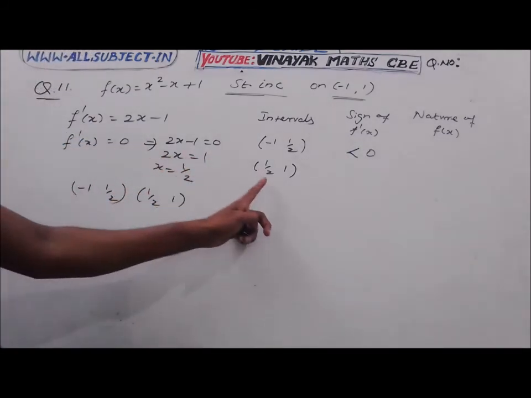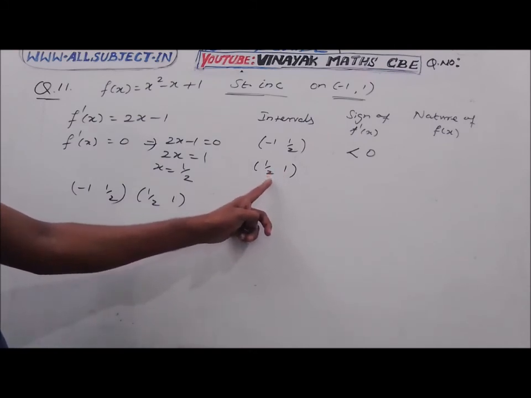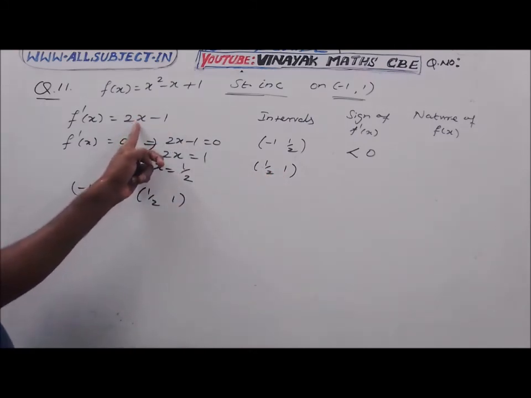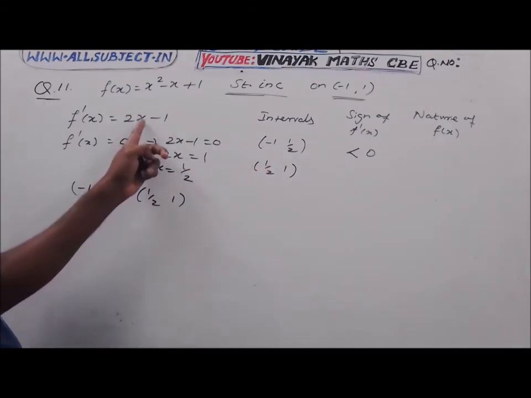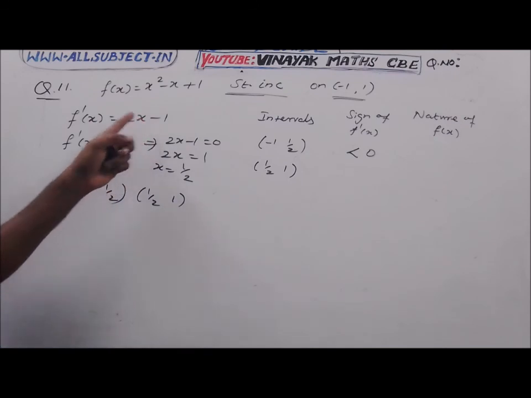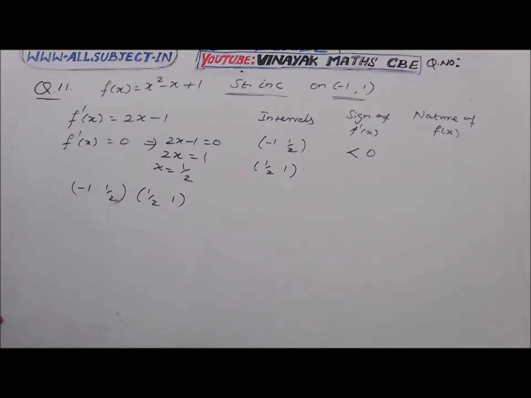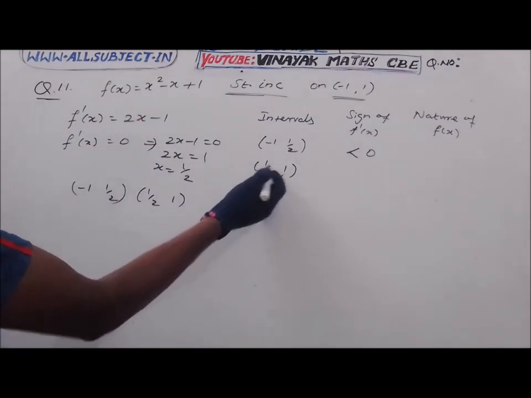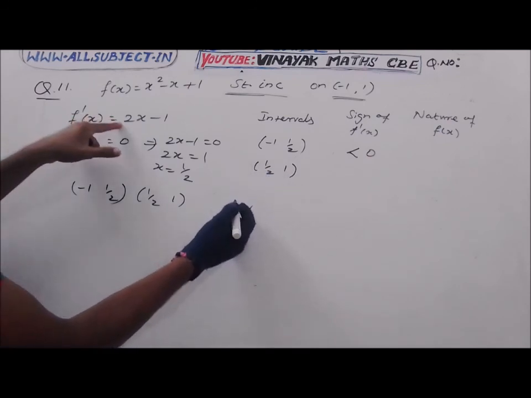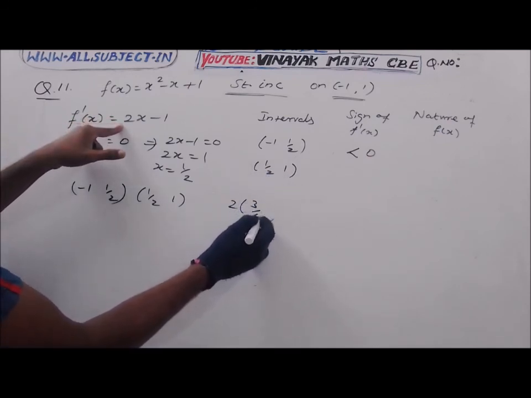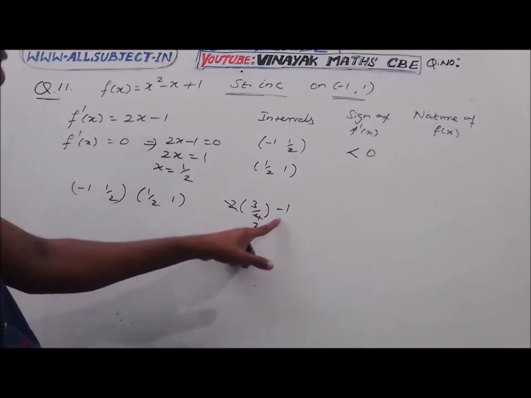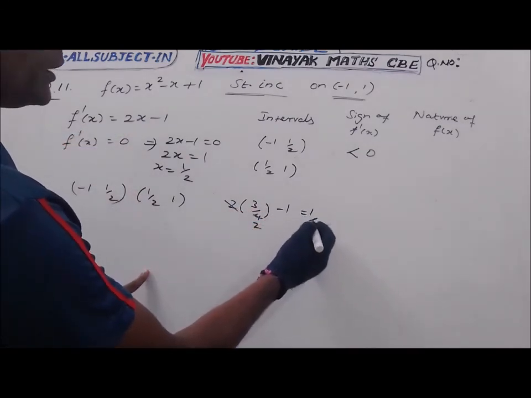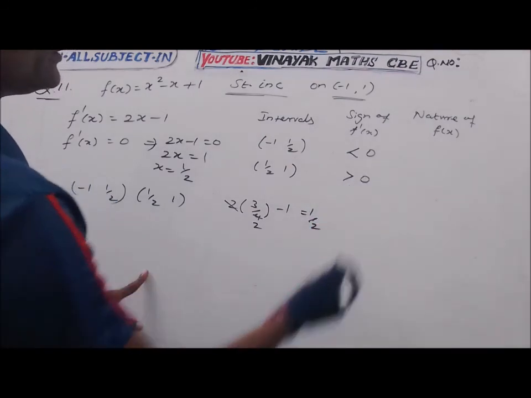Then taking any value greater than half, it will be positive. Substituting 3 by 4 in 2 into 3 by 4 minus 1, the 2 cancels, so 3 by 2 minus 1 is 1 by 2, a positive quantity. So here we have greater than 0.